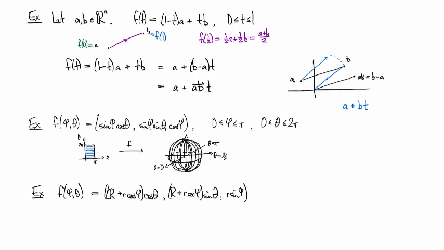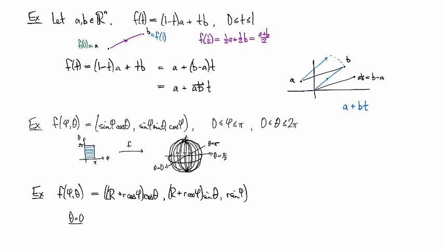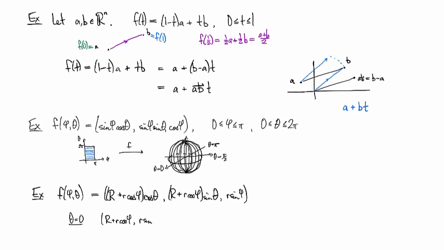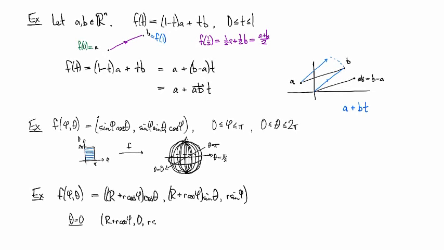Well, let's see. We can figure this out by looking at when theta is equal to 0 again, and then generalizing. So when theta is equal to 0, this is R plus little r cosine phi, and then 0, sorry, and then r sine phi.